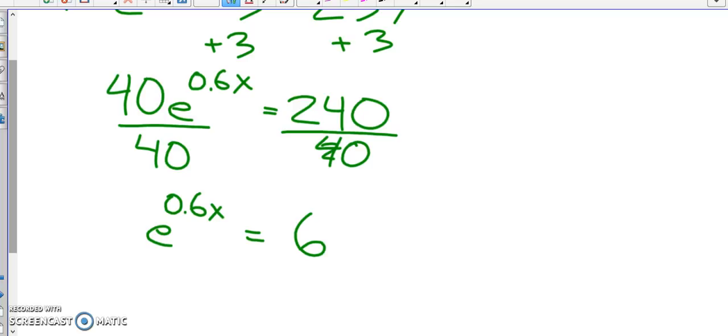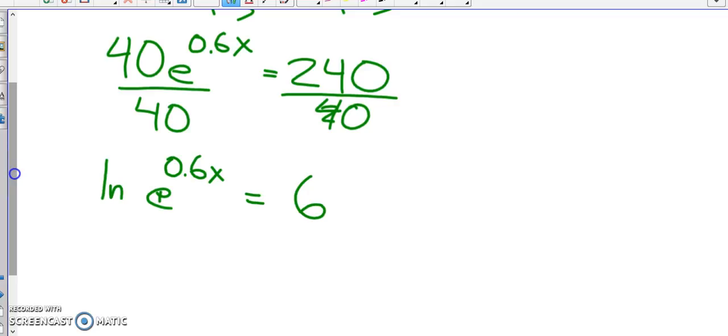So which log should I use? Natural log, because this is e, right? A natural log is base e.